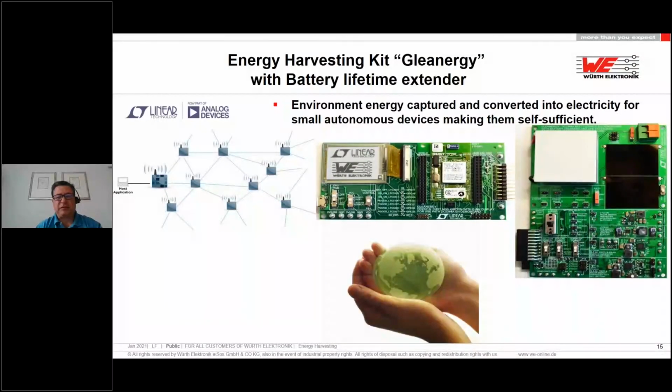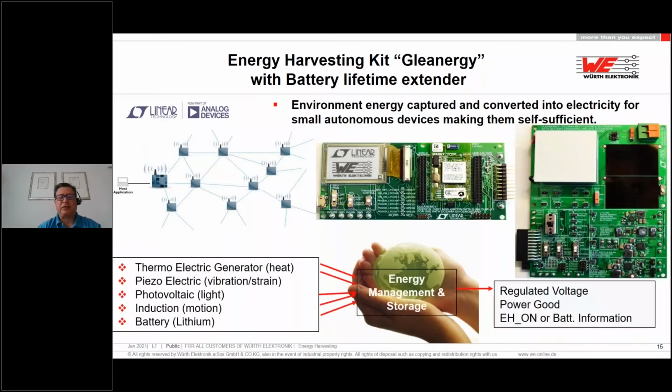Elektronik made together with former Linear Technology, today part of Analog Devices, this kind of demo boards where the design engineer can make his first steps in the direction of energy harvesting development.